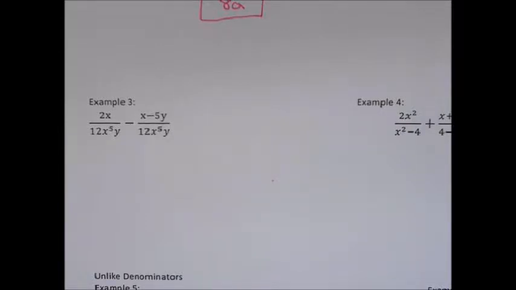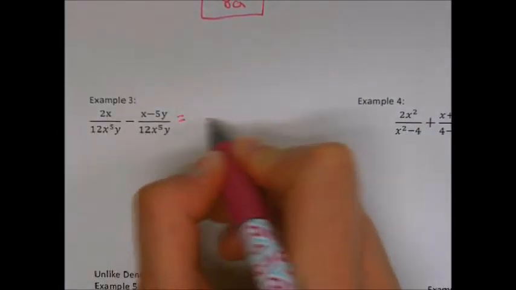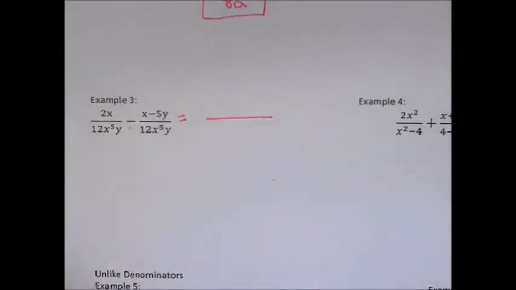Just the combining everything part. For 3, we do have a common denominator, so we can go straight to here. We're subtracting.